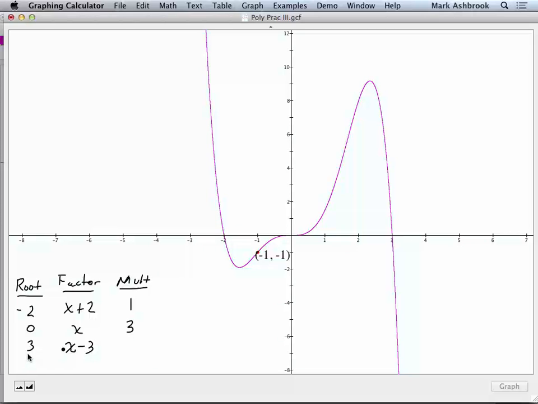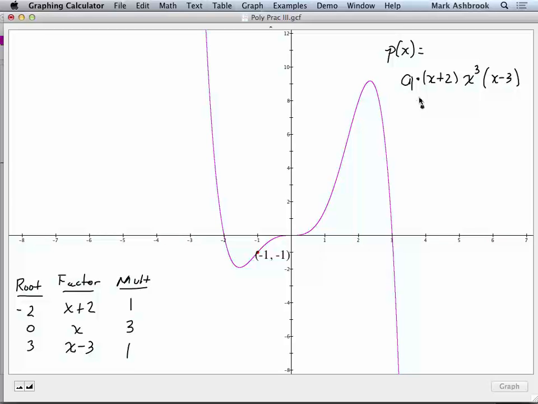All right, and then multiplicity of 3, 1. So maybe we'll call this P of x. Initial guess would be A times x plus 2 to the 1, x to the 3, and x minus 3 to the first.